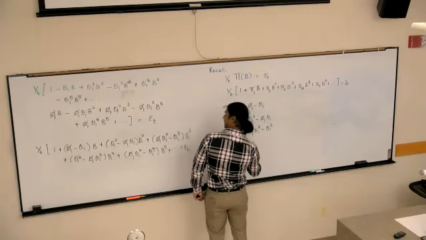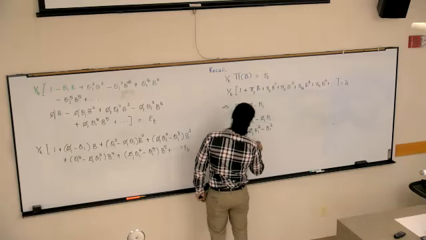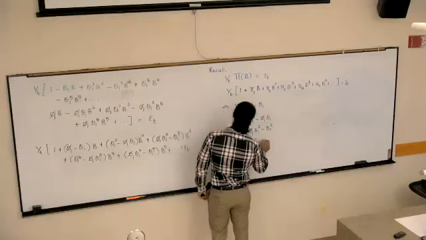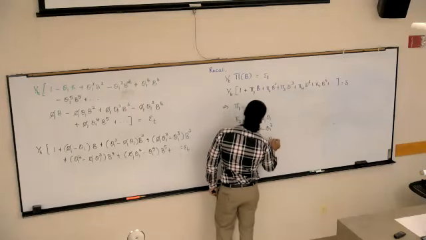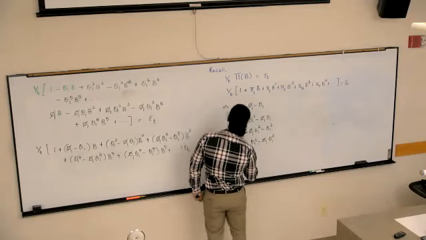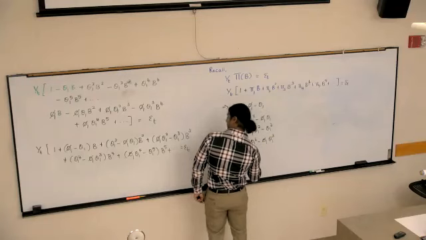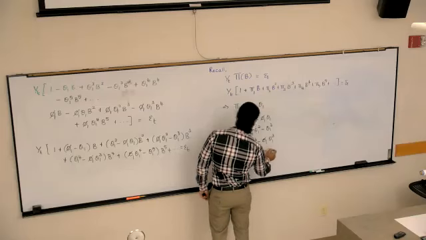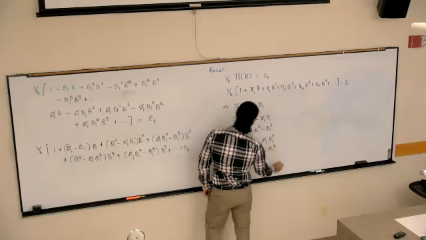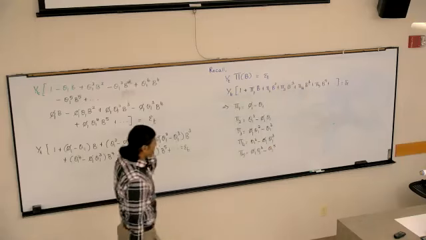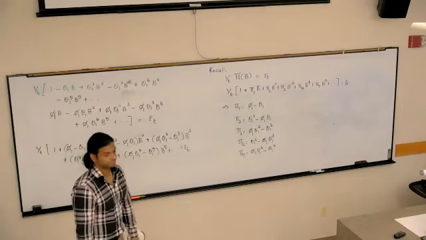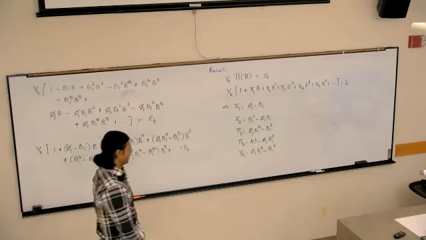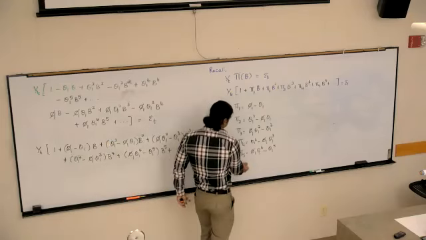Pi 4 is theta 1 raised to 4 minus phi 1 theta 1 cubed. Pi 5 is phi 1 theta 1 raised to 4 minus theta 1 raised to 5. Good. And of course I could put a dot dot dot.